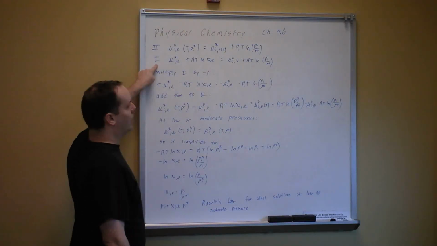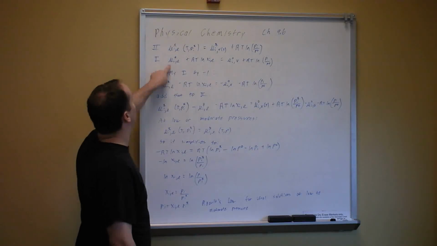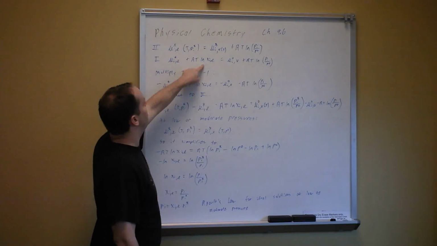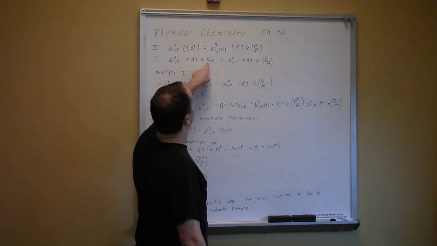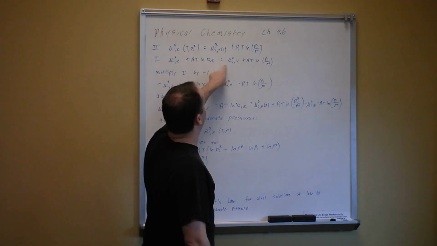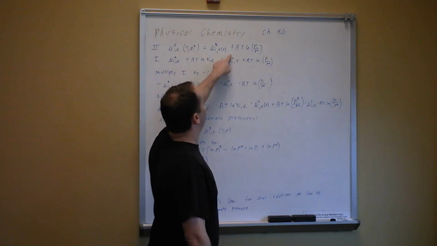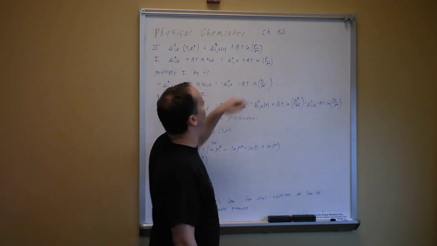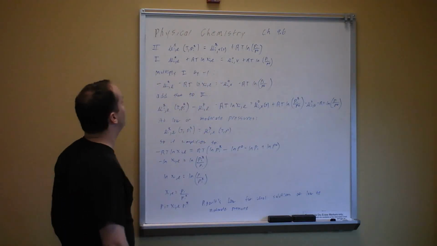And then remember before, last slide, we had 1: mu I naught is equal to RT natural log of the mole fraction of I in the liquid phase, plus mu I naught in the vapor phase, plus RT natural log of partial pressure over P naught.